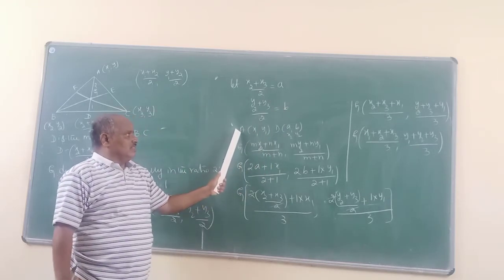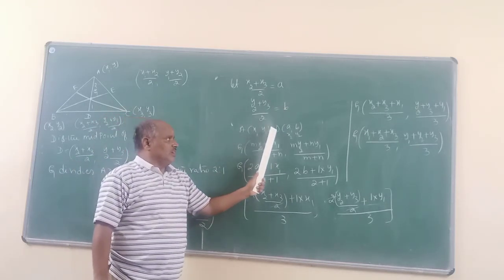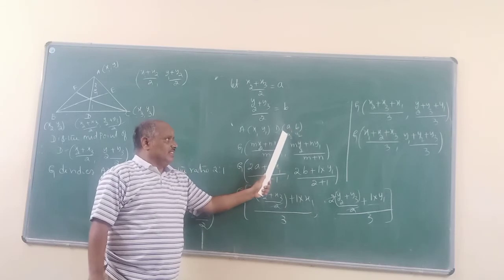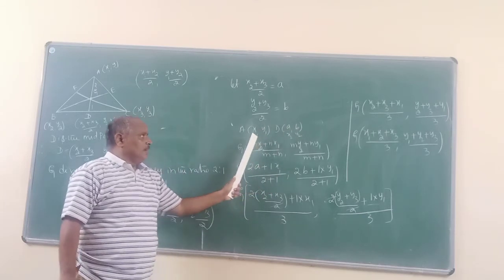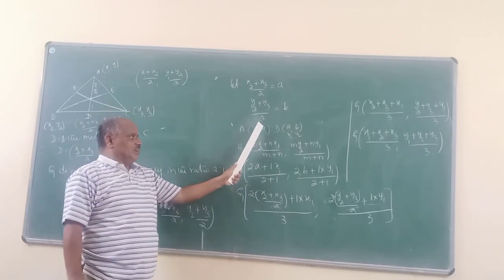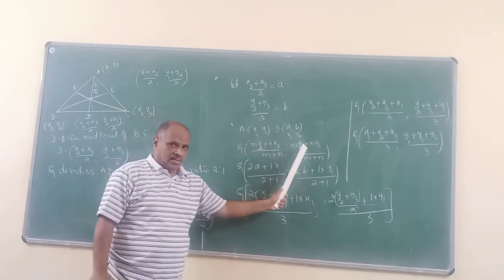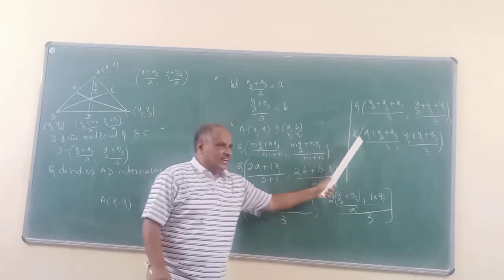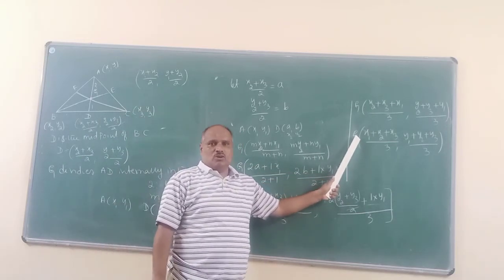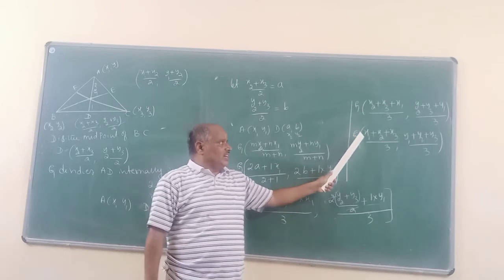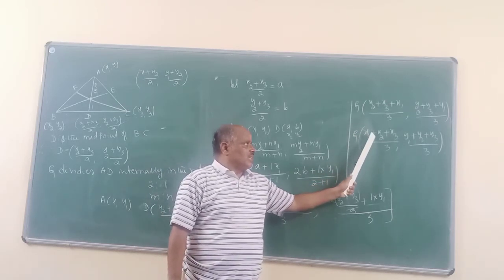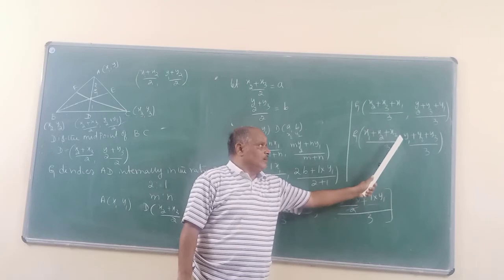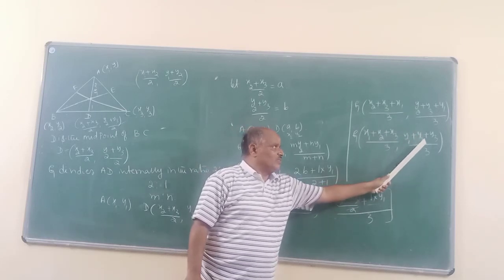Now the coordinates of A are x1 comma y1 and D are a comma b. First you write the internal section formula, substitute the values, and you get all the coordinates of the centroid G: x1 plus x2 plus x3 divided by 3, y1 plus y2 plus y3 divided by 3.